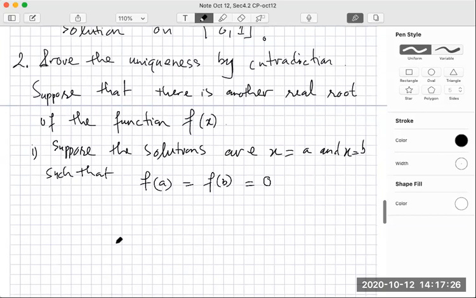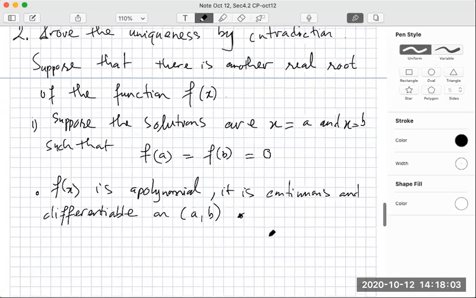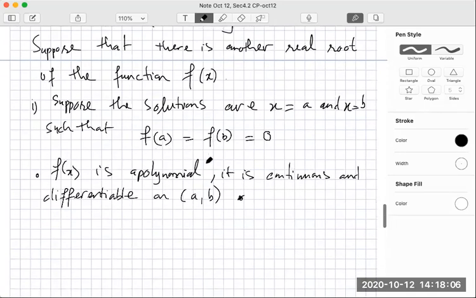First, we see that it is continuous and differentiable on A and B. And f(A) is equal to f(B), so we can use Rolle's theorem.